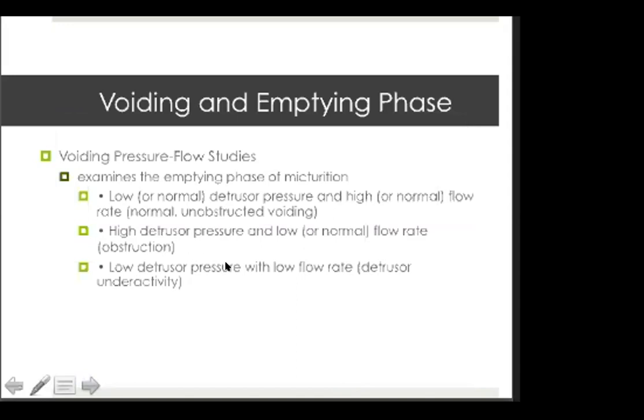Then if the detrusor pressure is low with a low flow rate, it means detrusor underactivity. So the voiding pressure flow study helps to assess two critical parameters related to the bladder and bladder outlet, which is the detrusor activity and outlet resistance. So madidetermine natin kung obstructed or unobstructed yung patient.